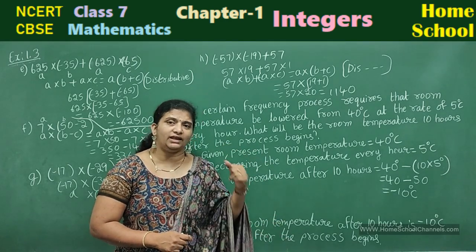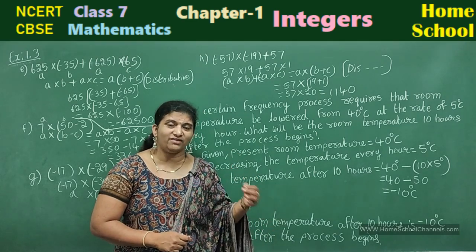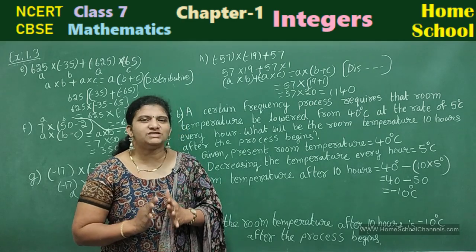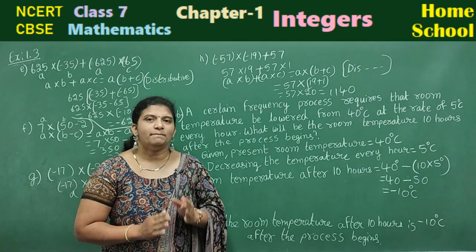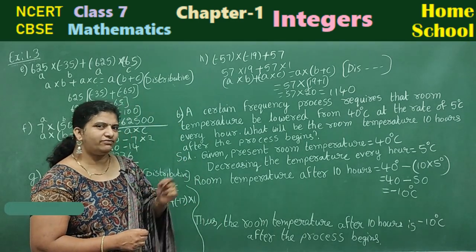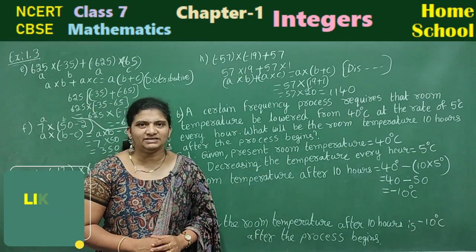Next 15. Next 10. Next 5. Next 0. Next minus 5. Next minus 10. Like this, 10 times if you reduce 5 degrees centigrade, you are left with minus 10 degrees centigrade. So, what is the temperature after 10 hours when the process begins? It is minus 10 degrees centigrade.